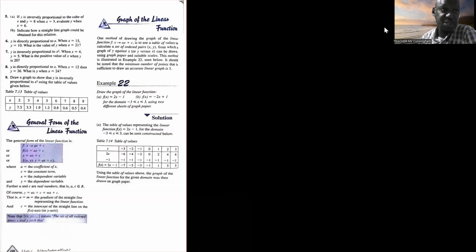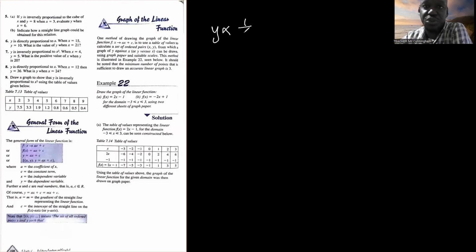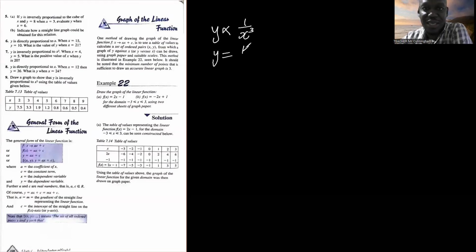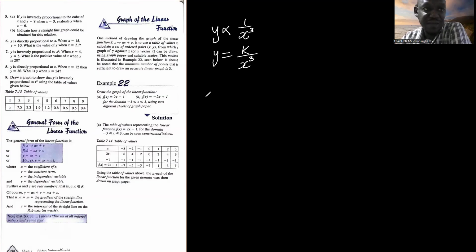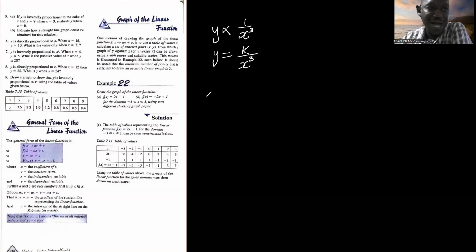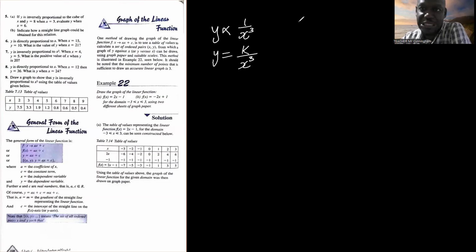All right, so the question states that y is inversely proportional to the cube of x, so x to the third power. So y is equal to k divided by x cubed. They gave us a value when y is 8.